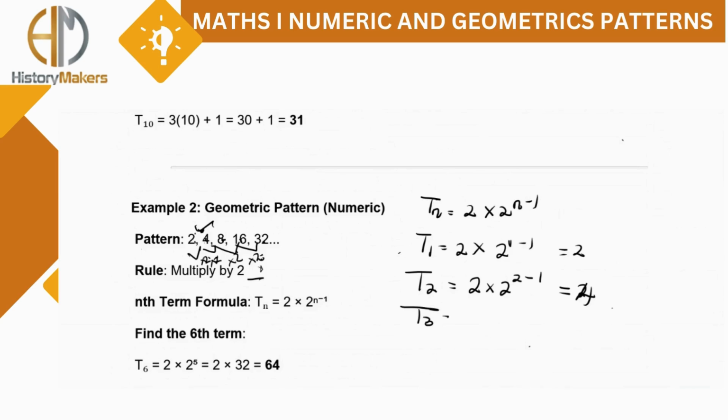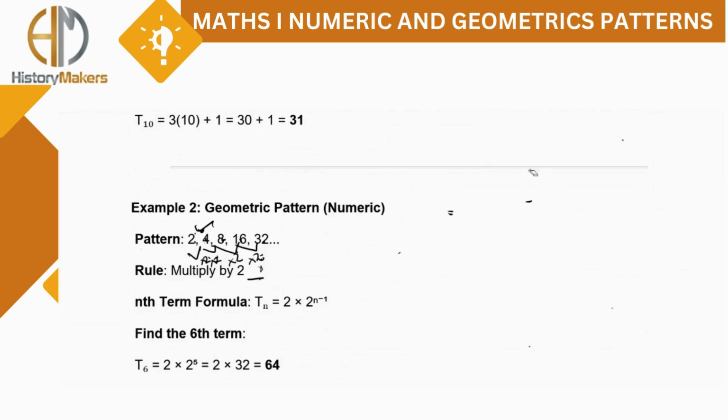Term number 3 is 2 times 2 to the power of 3 minus 1, which equals 8. That is how you confirm if your general formula is correct. You can only test with 3 terms so that it does not take too much of your time.